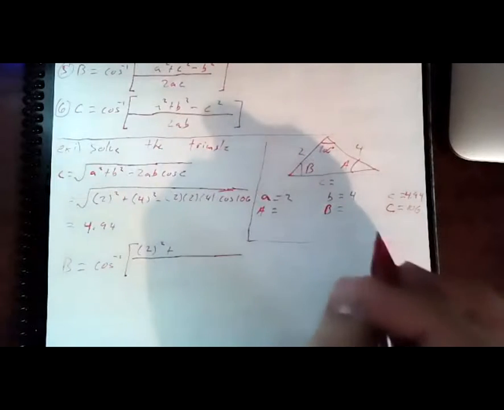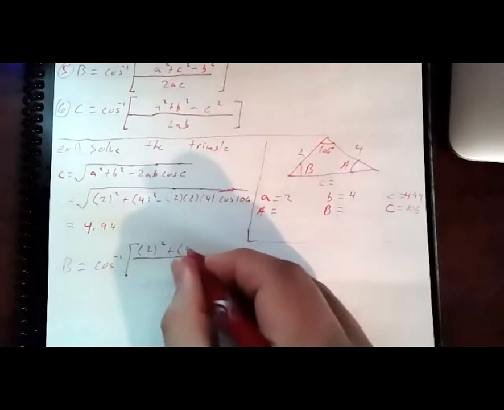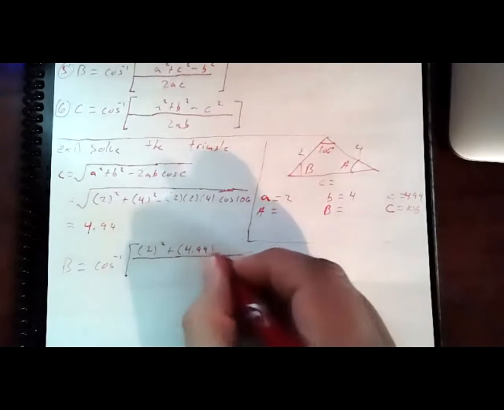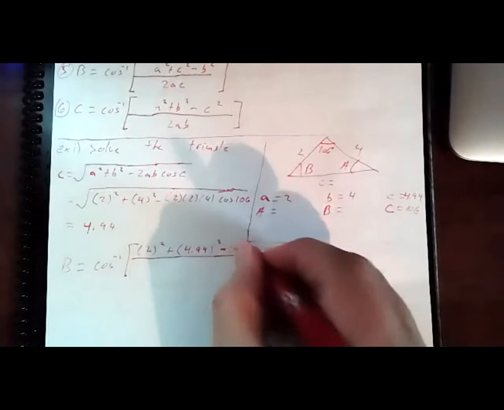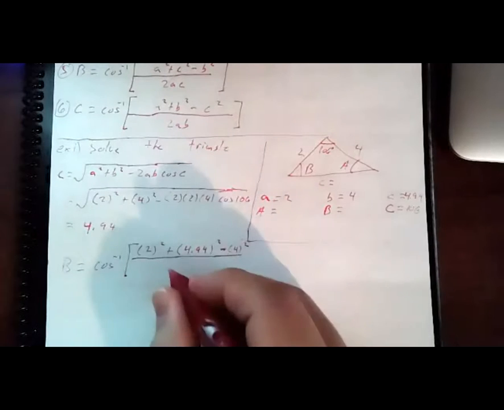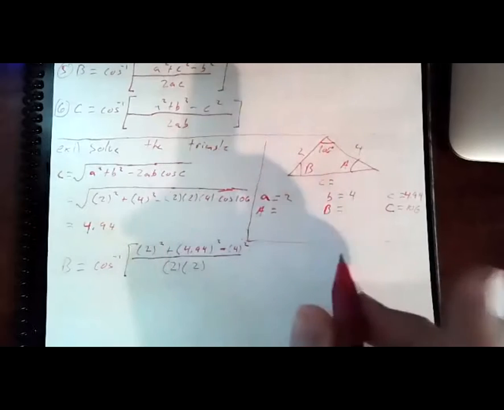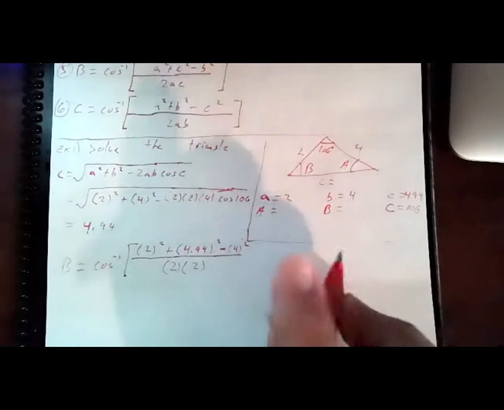Okay, so this will be 2 times 2 times 4.94.